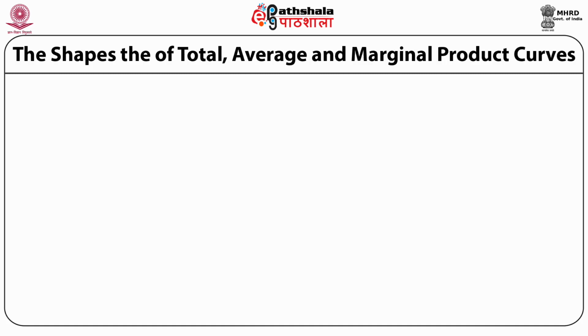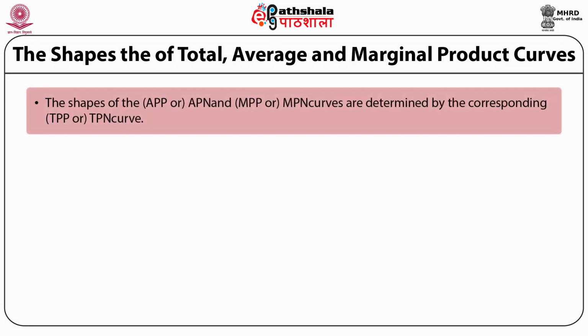The shapes of the total, average and marginal curves. The shapes of the APP or APN and MPP or MPN curves are determined by the corresponding TPP or TPN curve.